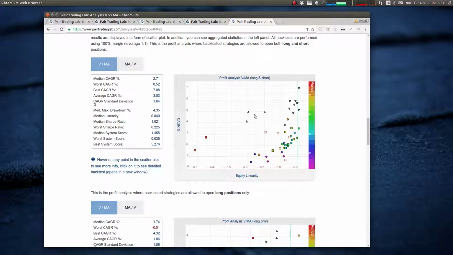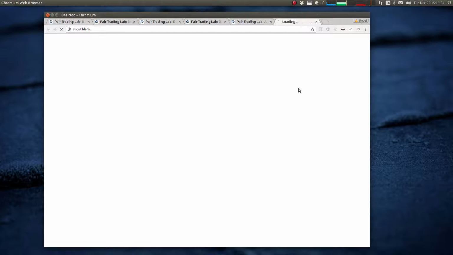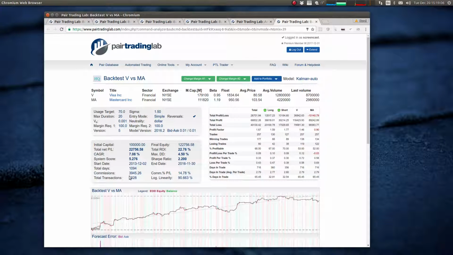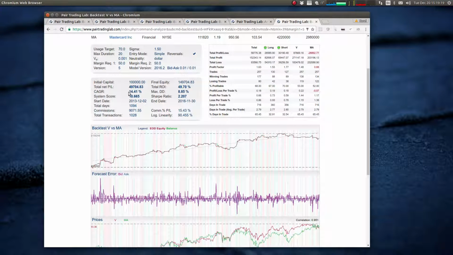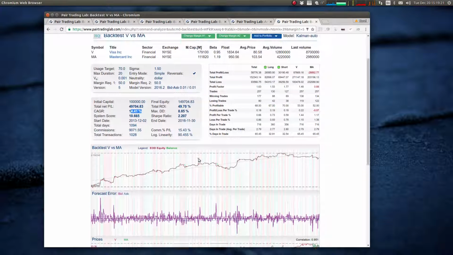So yes, we can use this profit analysis for that. You can see the best performer is Kalman Auto model with usage threshold 70%. If we just change the margin to 50% like the backtest did, we can see this is the best performance.